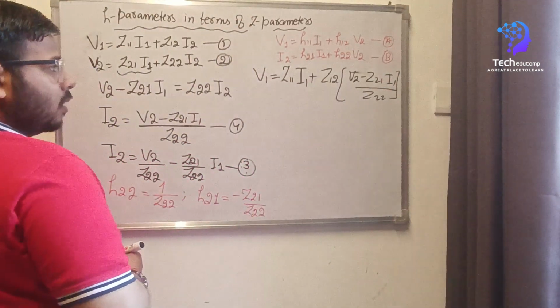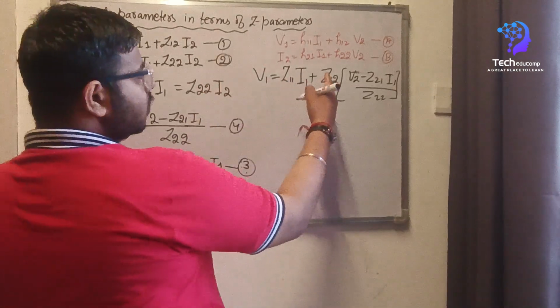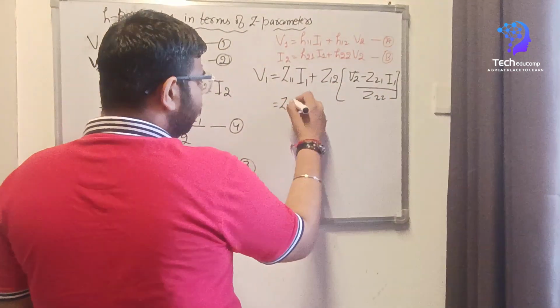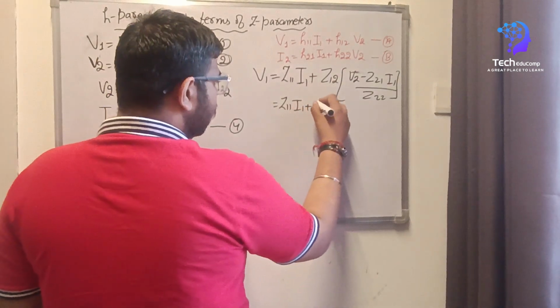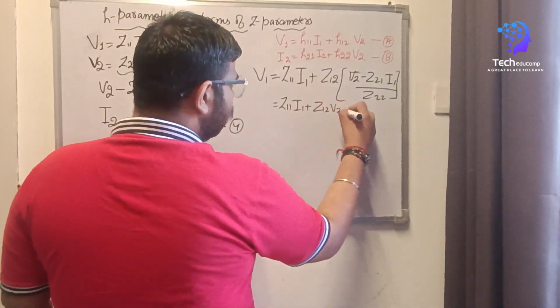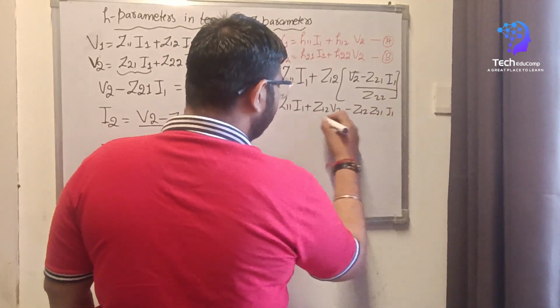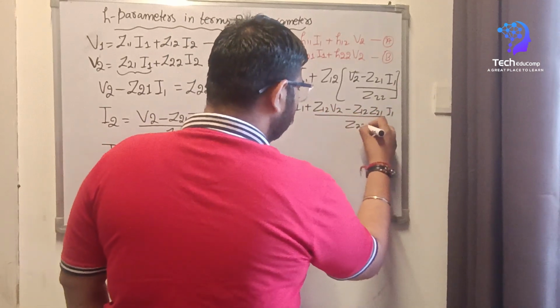Now just take Z12 inside the bracket, and it will become Z11 into I1 plus Z12 into V2 minus Z12 into Z21 into I1 upon Z22.